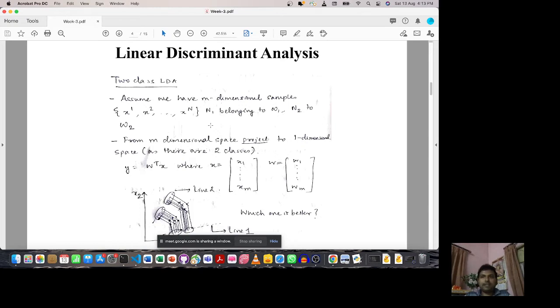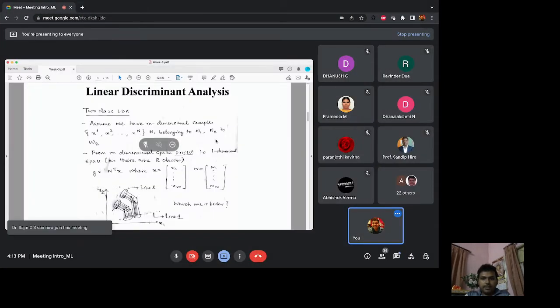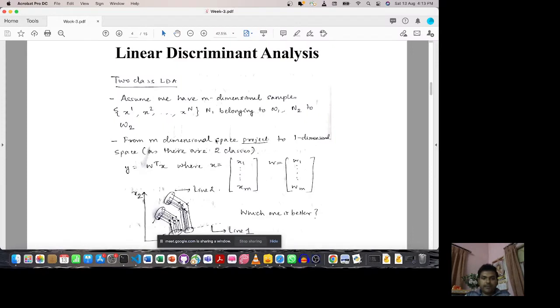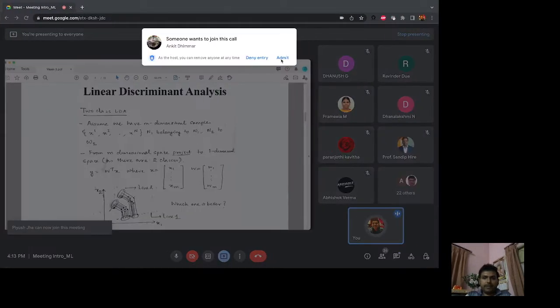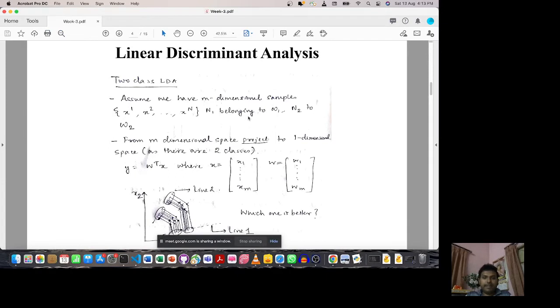If you have 3 classes, you can get down to a 2 dimensional space. That is the rule of LDA. So I have n points x1 to xn, each of m dimensions, and I want to project all the points to a 1 dimensional space. That is the aim of LDA.